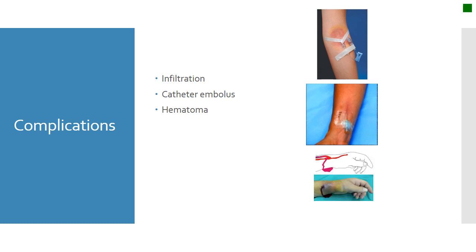Next, we will talk about a hematoma. Hematomas can occur for a variety of reasons. The most common one is when you remove the IV catheter. Of course, you need to apply pressure to the site that the catheter was in so that it does not bleed.